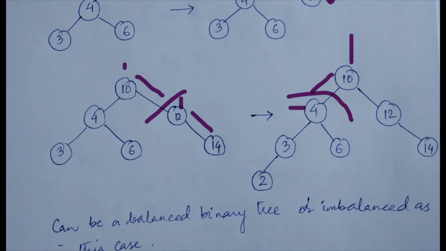So you compare 2 with 4. 2 is less than 4, so you see if you can put 2 as a left child of 4, but no, that is already occupied. So you call the same function. You send 2 to the tree, which is actually the left subtree of 4. So you compare 2 with 3, and 2 is less than 3, so it goes to the left child because that is empty.